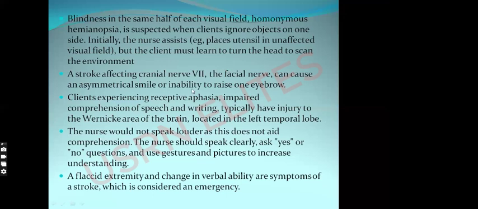All right. Then there is an interesting part to talk about. We are saying that these clients can also get something we call receptive aphasia. I'll make it simple for you.